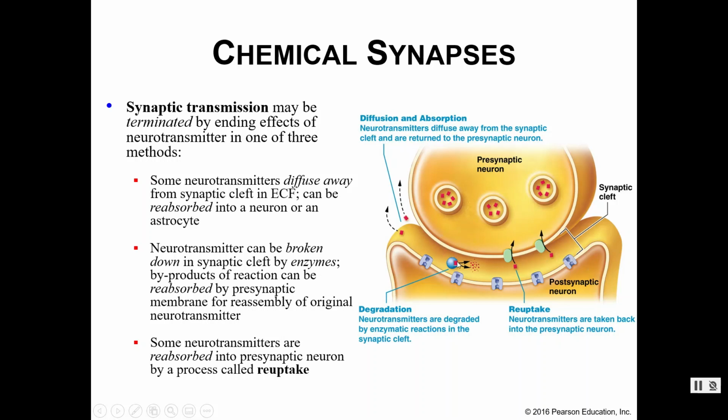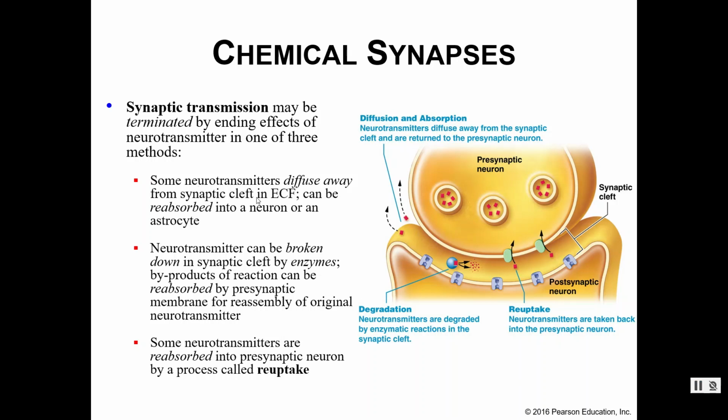But the neurotransmitters that are floating around in here, we're going to have to do something with them. Because as long as they're there, they can bind to our ligand-gated channels, we'll have ion movement, so we will create EPSPs or IPSPs. At some point, we're going to want to stop doing that. So we have 3 ways that we can get rid of the neurotransmitters in the synaptic cleft.